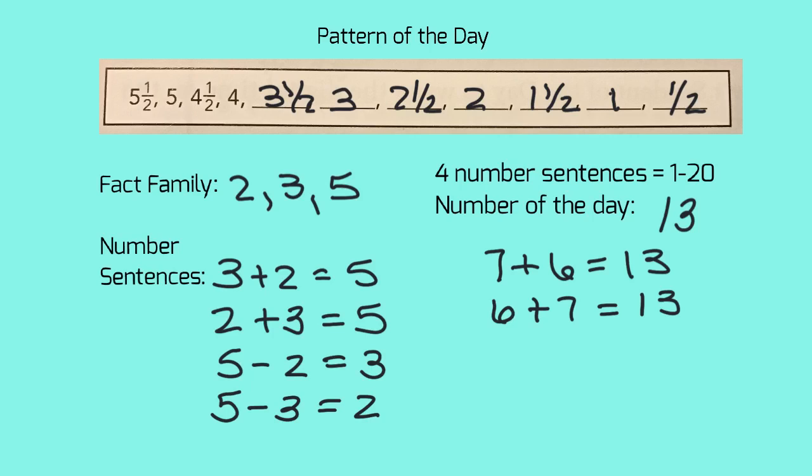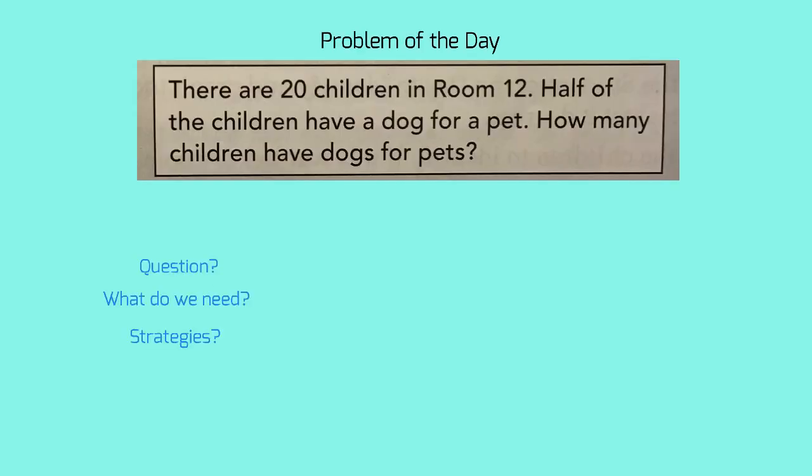Alrighty, so the next one I'm going to say 10 plus 3 equals 13. Can you think of another one that equals 13? How about us do a subtraction one? How about 16 minus 3 equals 13? All right, good job. Moving on.